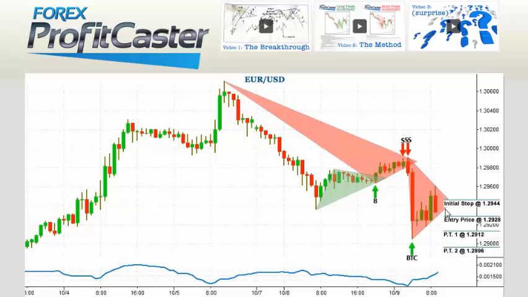Now, a lot of observers would look at this chart and say, looks like we're going to get a recovery in the euro, and maybe it's time to get long. And maybe it is, but the software suggests that the odds are in favor of a downward move. So I'll pick this up after the next bar closes.